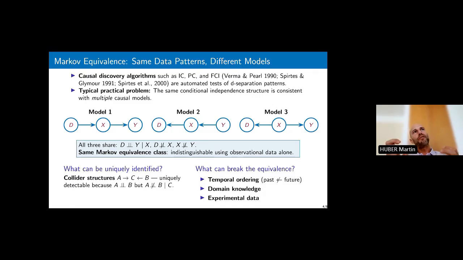But very often in causal discovery, the problem remains that we cannot uniquely identify the underlying causal structure. And that's what we call a Markov equivalence, right? So we could have multiple causal models that are consistent with the associations that we find in our data set.